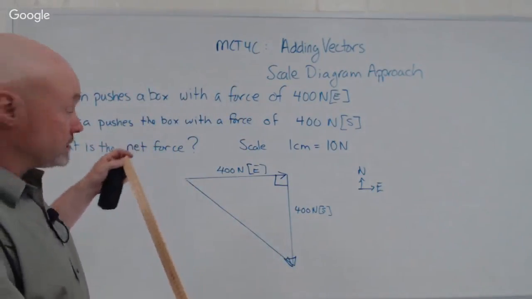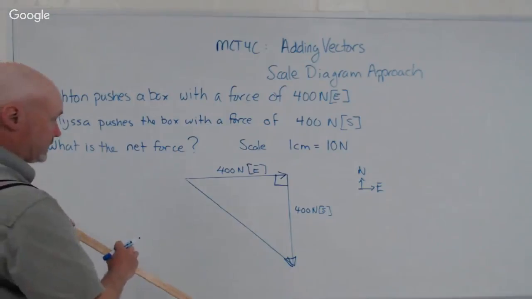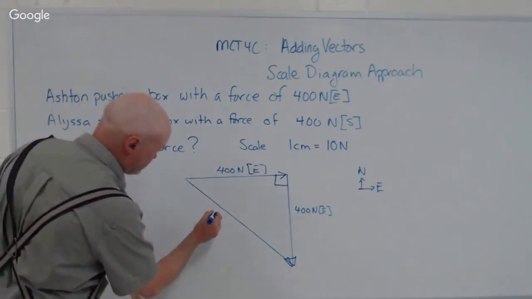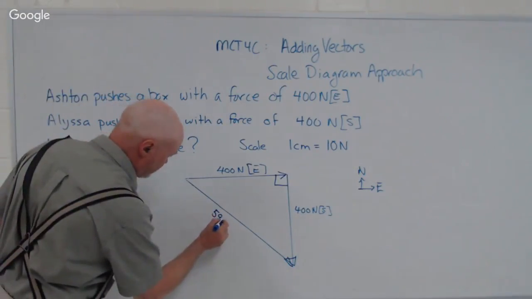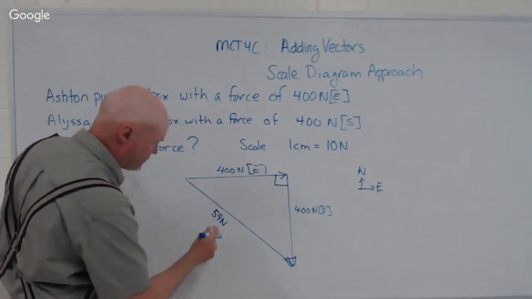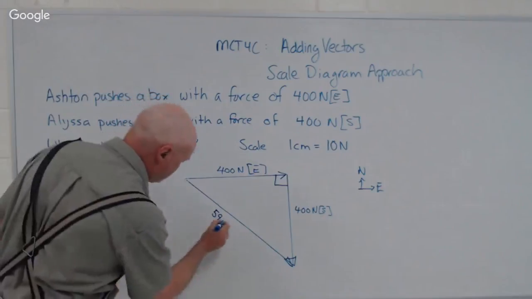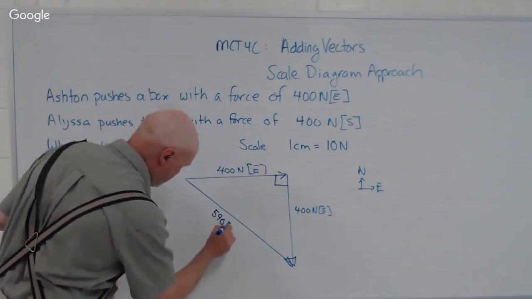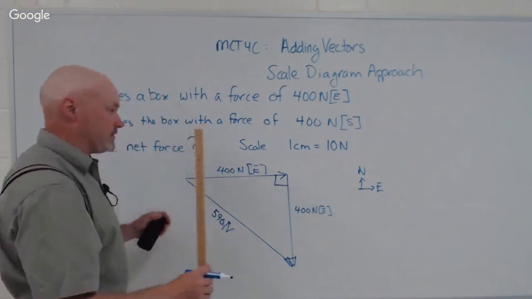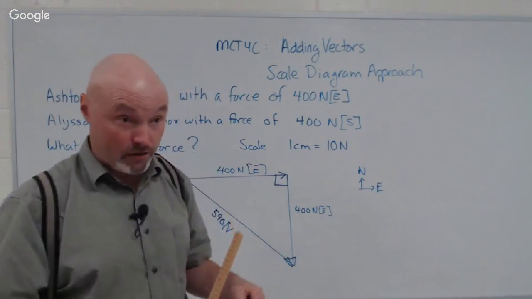And so since I'm using a scale diagram, I can actually just say that this is 590, not 59, 590 newtons.